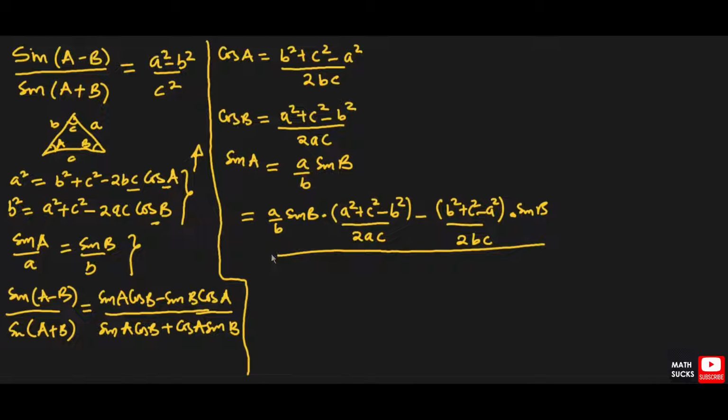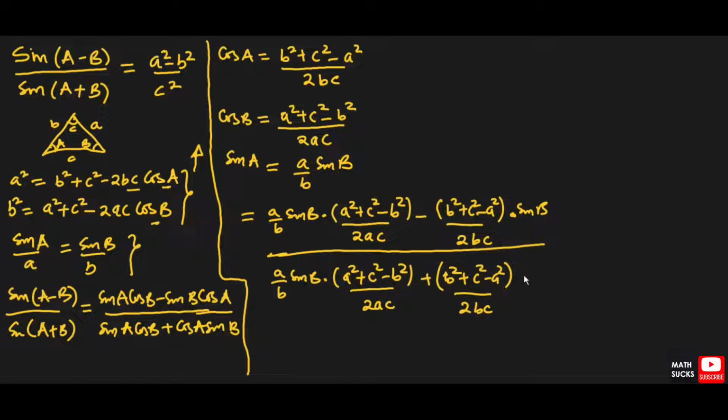So I'm just going to duplicate what is up, and then this is going to be A over B sine of B, multiplied by A squared plus C squared minus B squared over 2AC, then plus B squared plus C squared minus A squared, everything over 2bc, then times sine of b.